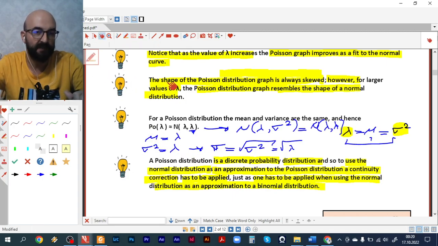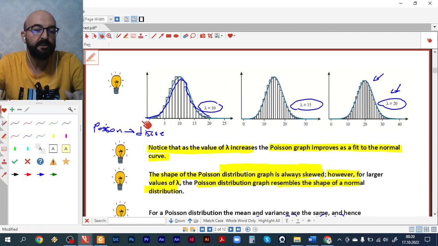Please remember that a normal distribution is a continuous distribution, but Poisson distribution is a discrete distribution. These rectangles are about Poisson distribution, this curve is about normal distribution.